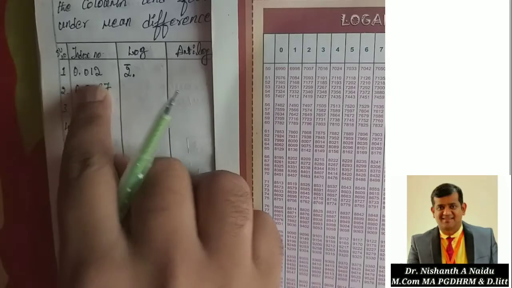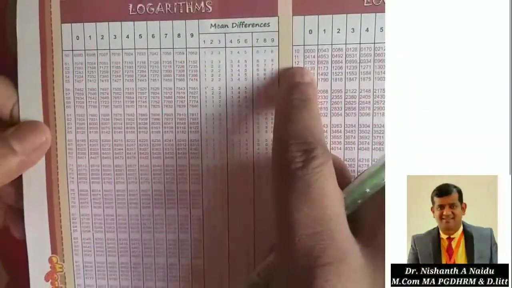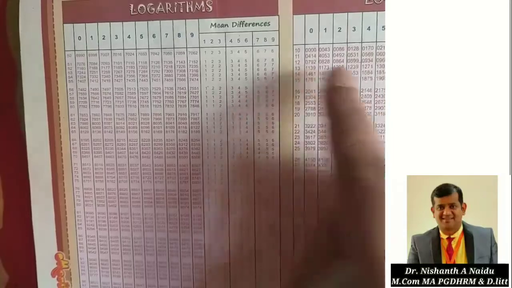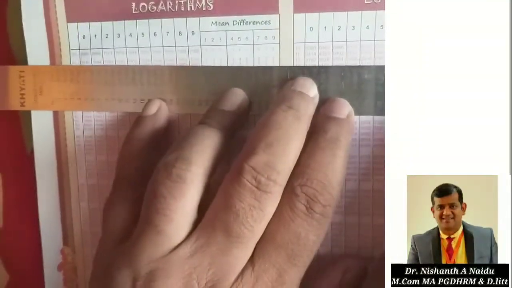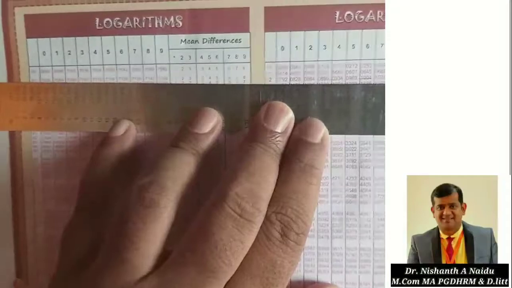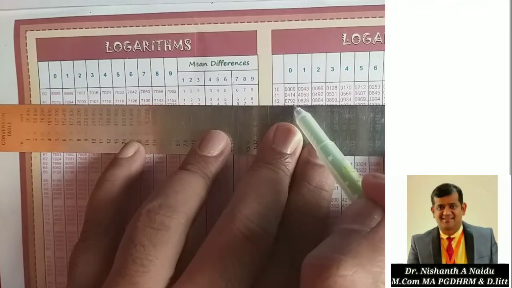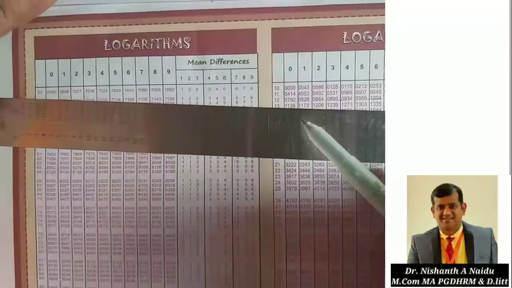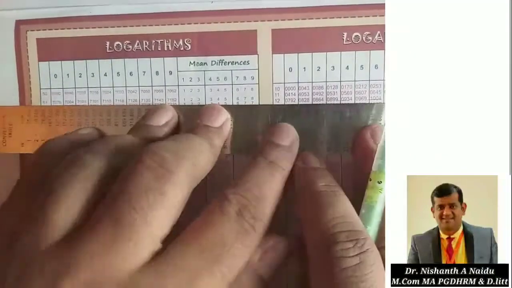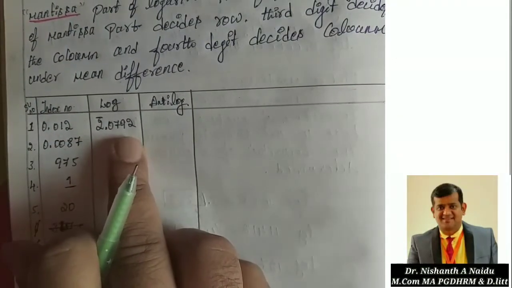So 12 in the 0 column is 0792, correct? I'm going to write exactly that amount, 0792. I have not changed anything.